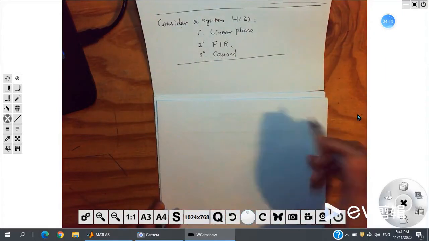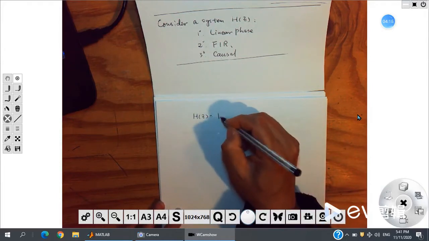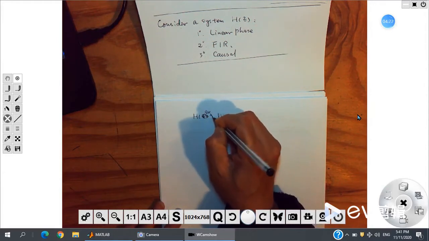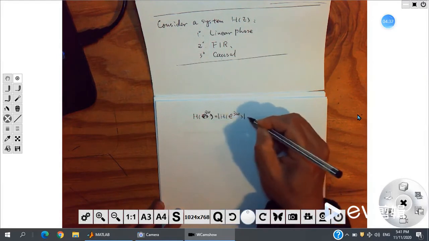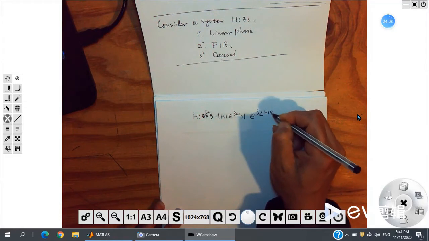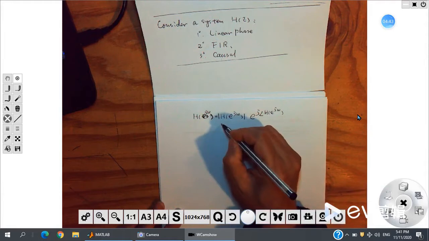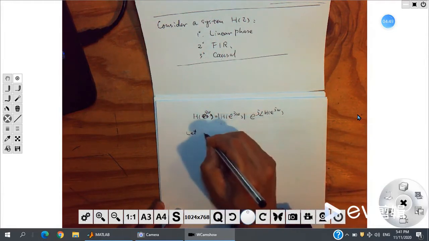Okay, now writing the frequency response, H of e to the j omega equals the magnitude of H of e to the j omega times e to the j, then angle of H of e to the j omega. Right? We have this one. Now we consider this magnitude part as something else.